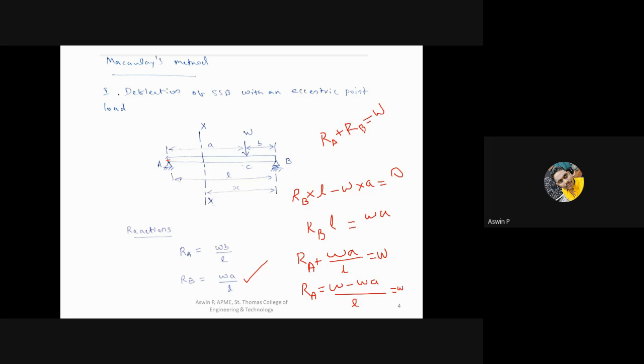W into bracket 1 minus a divided by L, right?